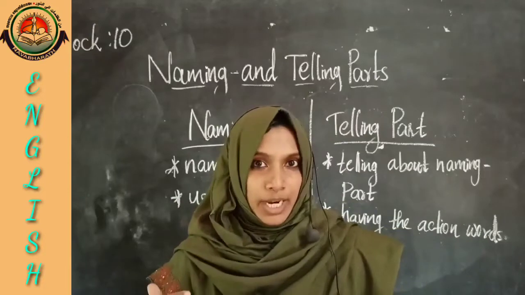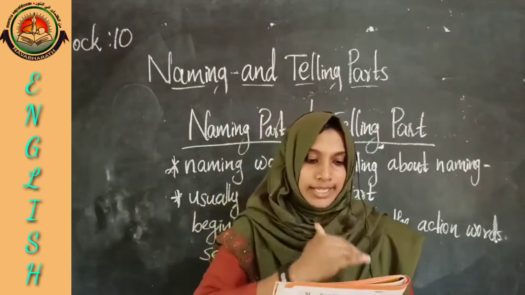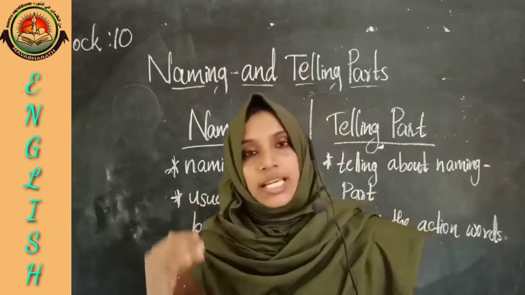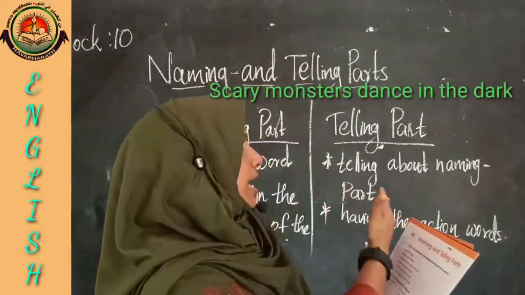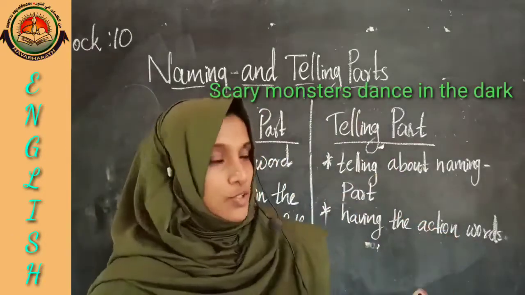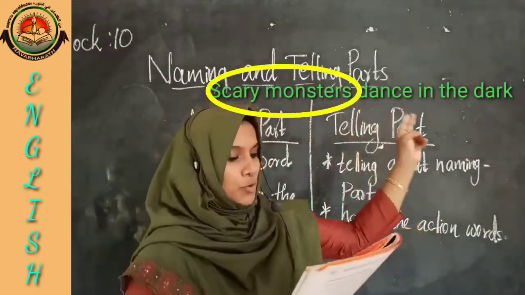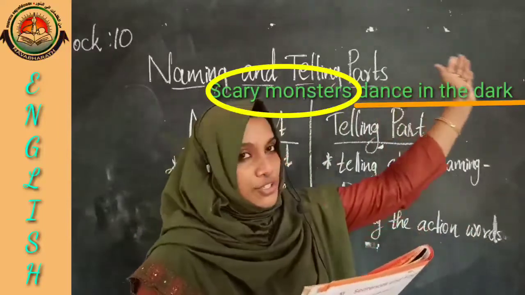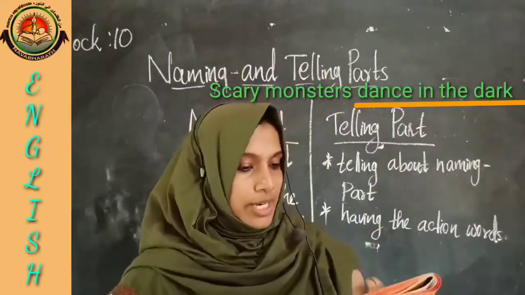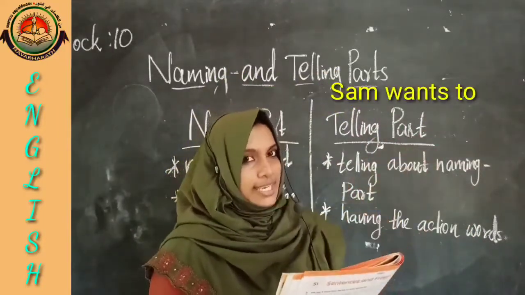Which is the naming part? Right, Sam. Then likes to draw, it is the telling part. Then scary monsters dance in the dark. So here scary monsters is the naming part, and dance in the dark is the telling part. Sam wants to eat cake.